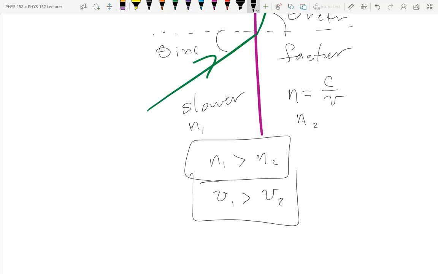Okay, those are two equivalent statements. So that's why it's one specific thing, is what you can tell directly by looking at that diagram. Now, if you know what the angles are, if you know what theta incident and theta refraction is, then you could also find the ratio, because you could use Snell's law.